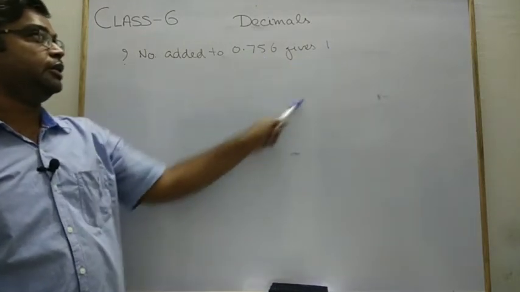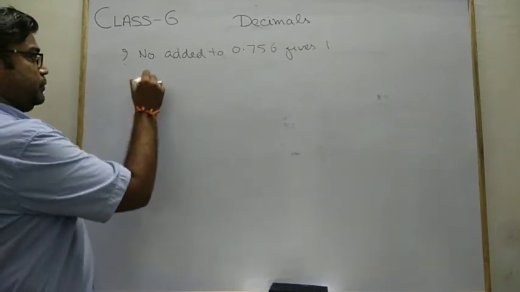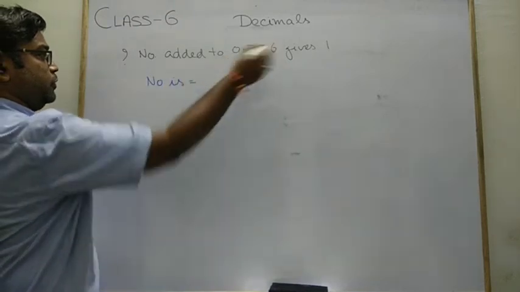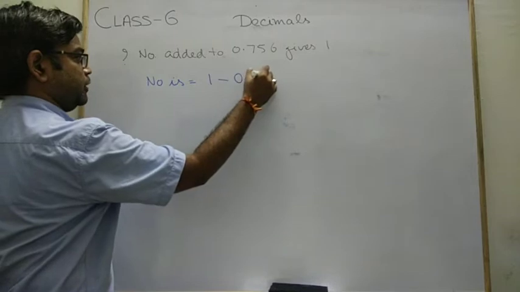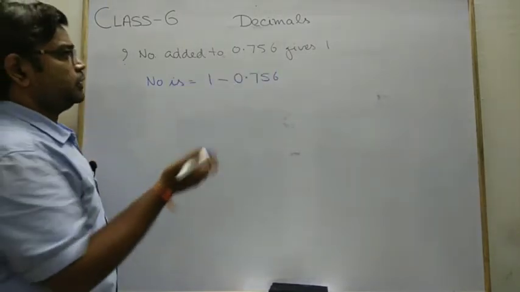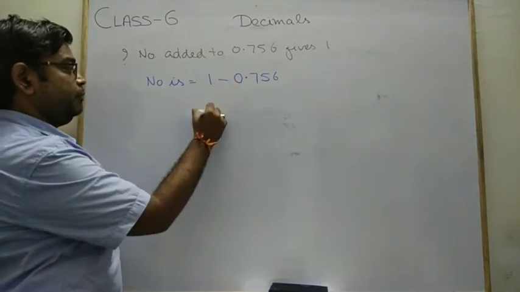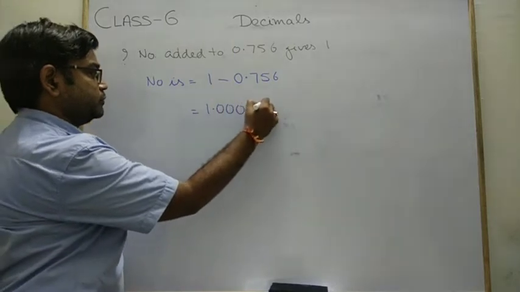This is the result, this is one number, so the second number is there. The number is equal to 1 minus 0.756. Now in this case we convert them into like decimals.